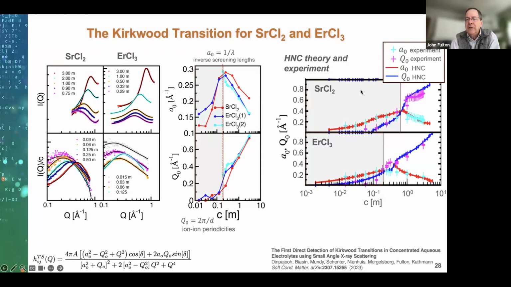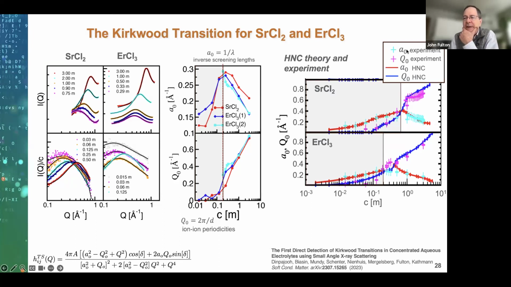So if we compare this to the HNC theory, to the right here, the blue line is the prediction of Q naught from HNC. The pink crosses are the experimentally measured values. So we have good agreement, with a plateau region and a drop in Q naught down close to 0. Likewise, for A naught, we see an increase, a peak, and a decrease.